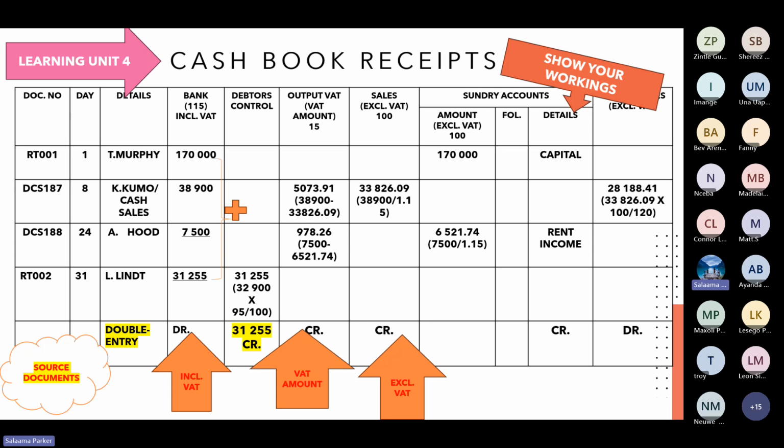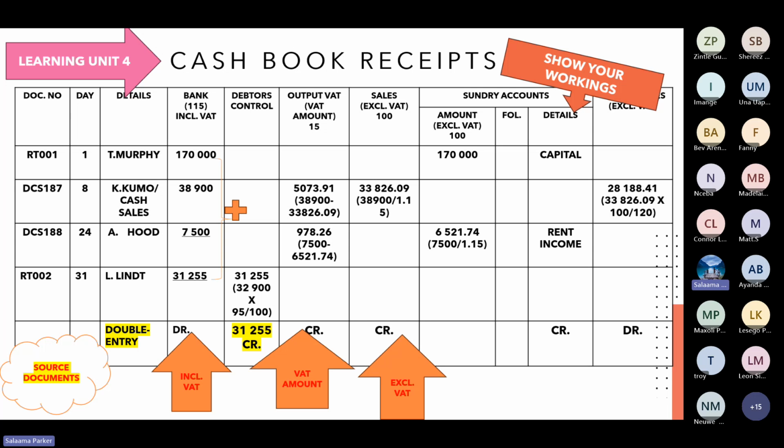Debit the bank, credit debtors control, credit output VAT, credit sales, credit capital, credit rent income. It will only be cost of sales that will be debited here. Okay, right? So please again, just remember your source documents.